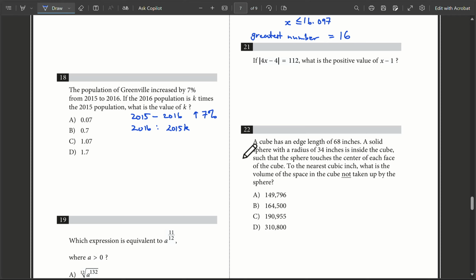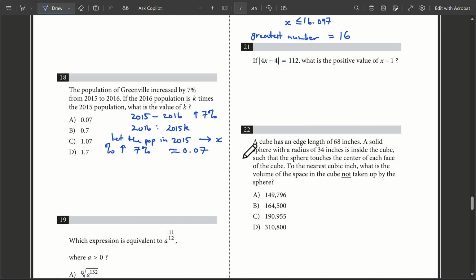All right, so we're going to let the population in 2015 be denoted by x. And then the percentage increase is 7%, right? Which is the same as 0.07.